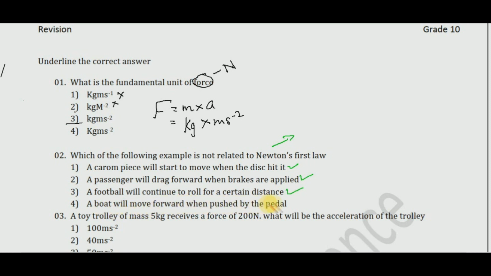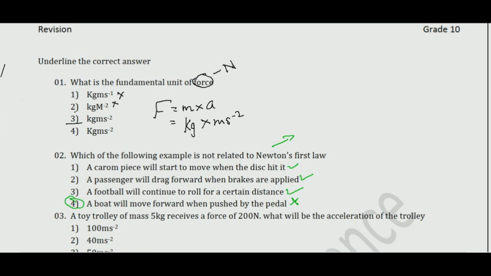When you push, you are giving an action to move the boat forward, so action and reaction is related to Newton's third law. So this is not explaining Newton's first law. The answer is question number 2, answer 4.